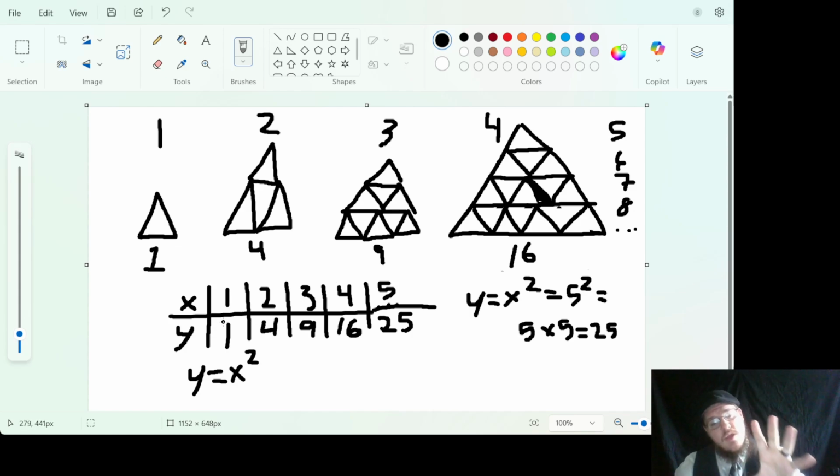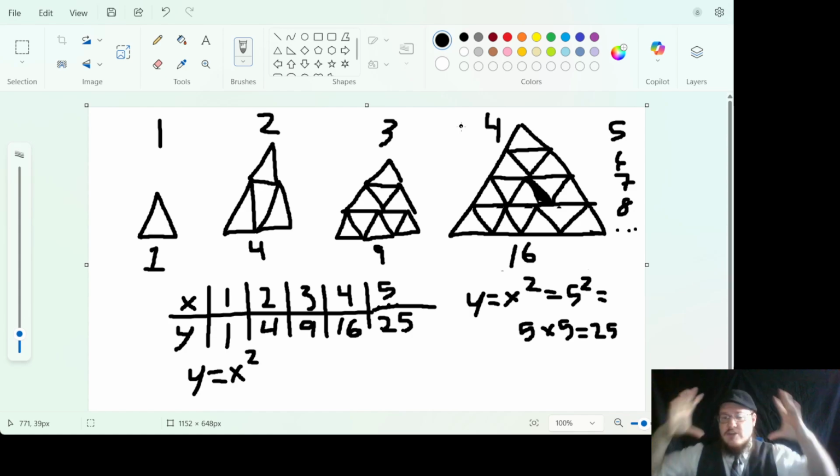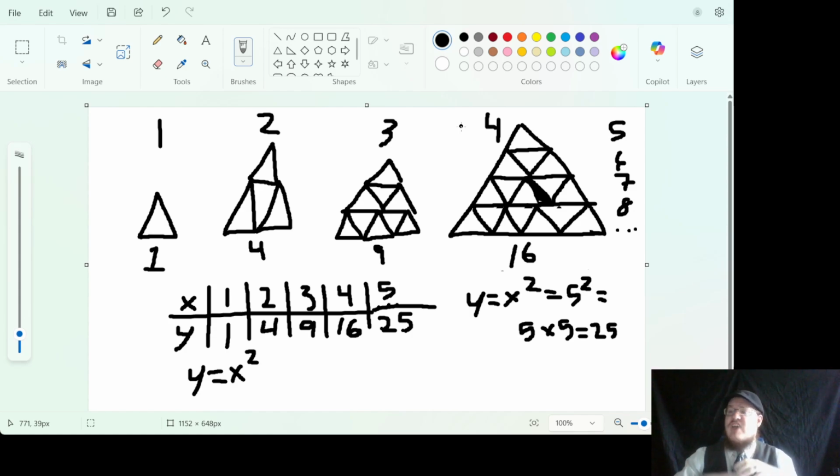And then count however many shapes are comprising the main shape. We could have a gigantic square. We could have a gigantic hexagon. We could have a gigantic rhombus made up of a whole bunch of smaller rhombuses, so on and so forth.